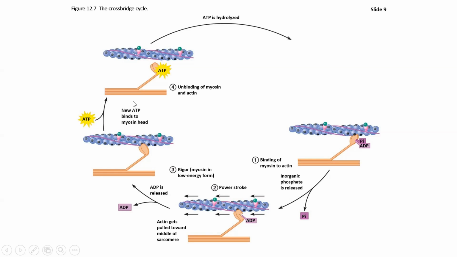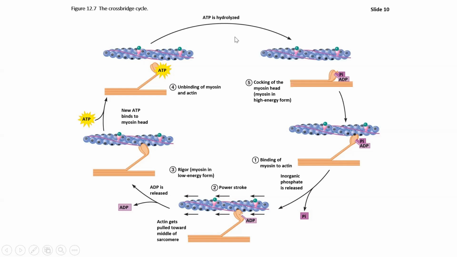Now that second ATP, that new ATP, is hydrolyzed into ADP and inorganic phosphate once again, and that prepares the myosin head to be in its high energy state once again, and it's going to become attracted to actin and reach up and grab onto that actin. That's where we describe the myosin head as being in its cocked state, where it's ready to make contact with actin once again.